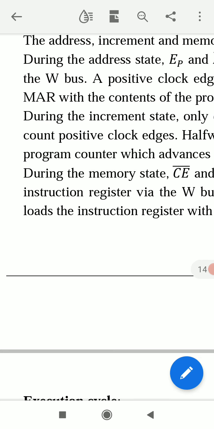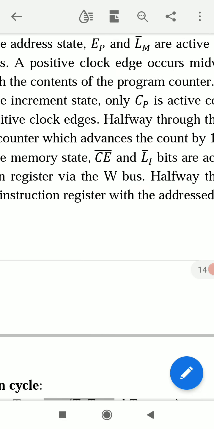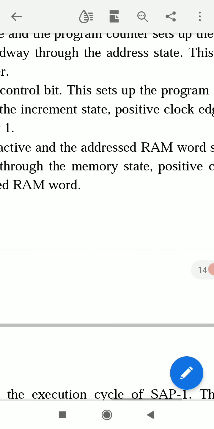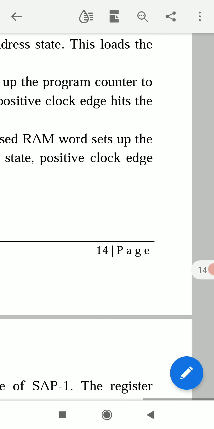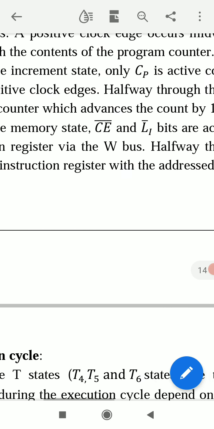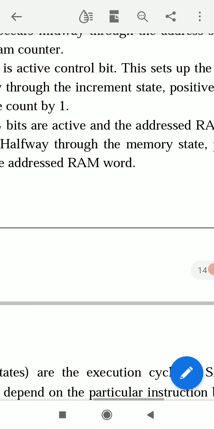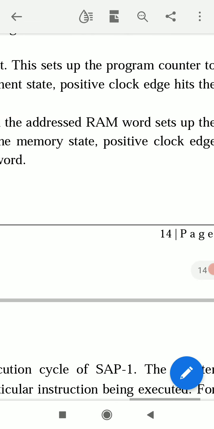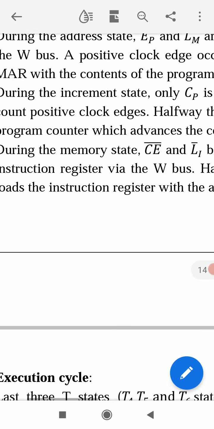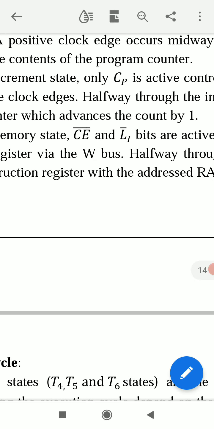During the next state, that is increment state, only CP is active, control bit. This sets up the program counter to count positive clock edges. Halfway through the increment state, the positive clock edge hits the program counter, which advances the count by 1.